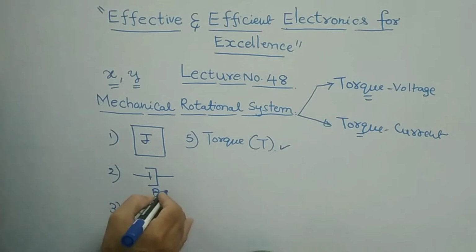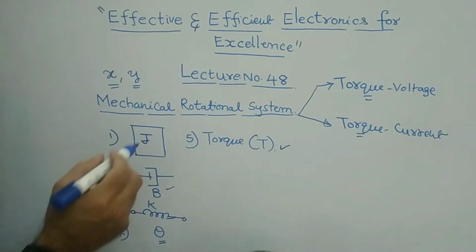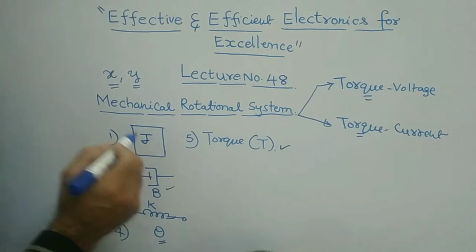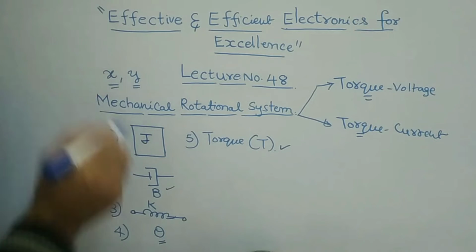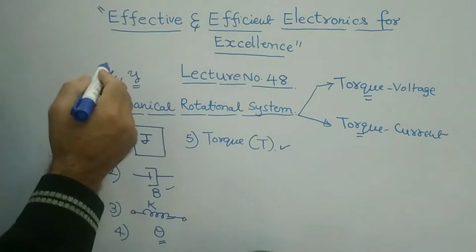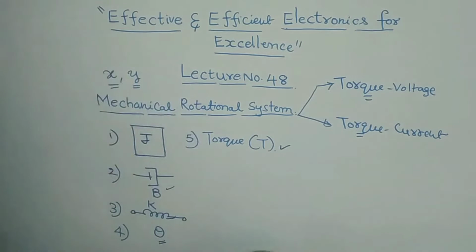B and K are almost all the same. Therefore, instead of m you have J here, instead of x there you have theta here, and instead of force there you have torque here. Clear? These are the simple differences.